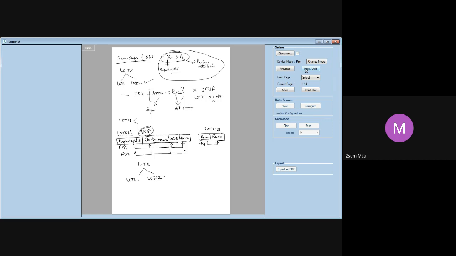But lots 1 failed in general definition of third normal form because area determines price. FD4 violated the general definition of third normal form. So we decompose this further into lots 1A and lots 1B. Now both lots 1A and lots 1B are in third normal form.